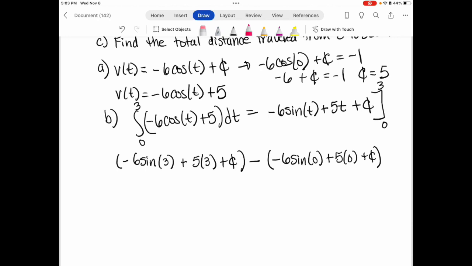Now, because I'm taking constant minus the constant, we don't really need to know what it is because it drops out. When we're doing a definite integral, we don't have to worry so much about the constant. So now let's see. -6 times sine of 0, that's 0. 5 times 0 is 0. So this big mess right here is equal to 0.